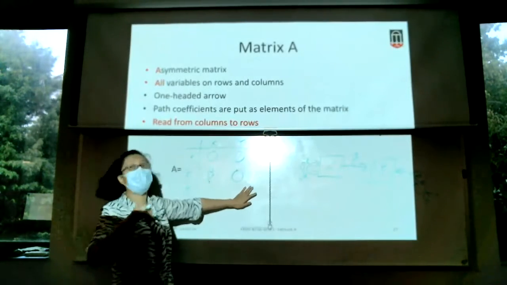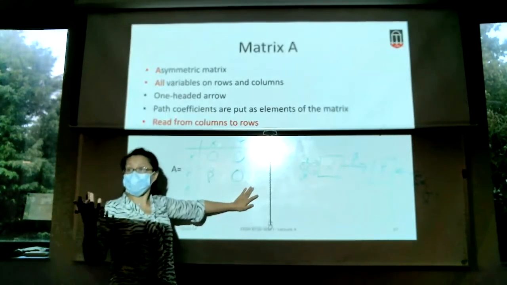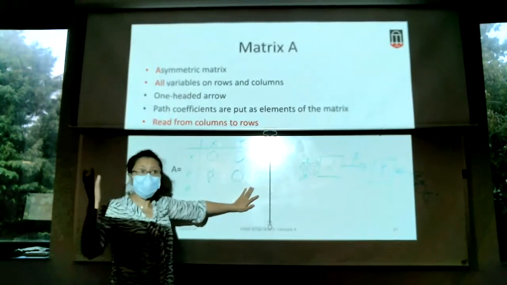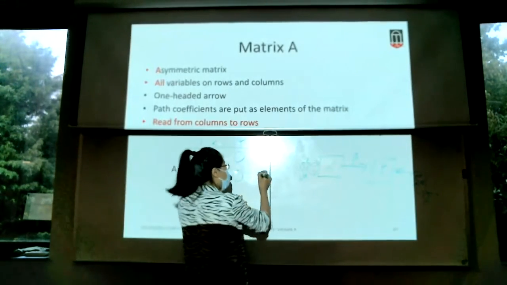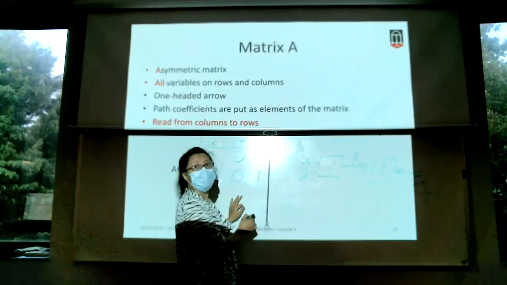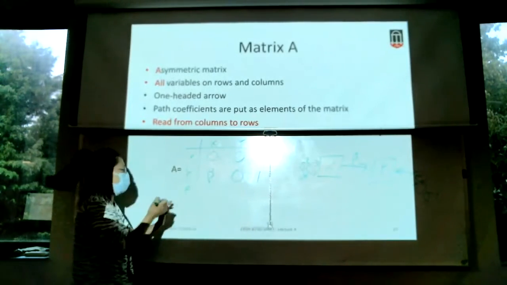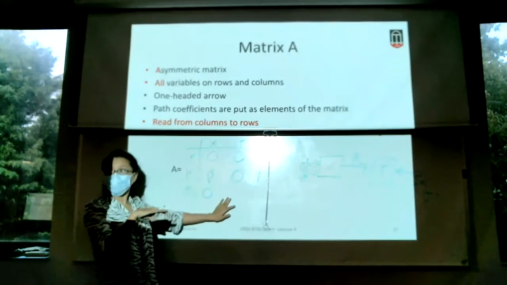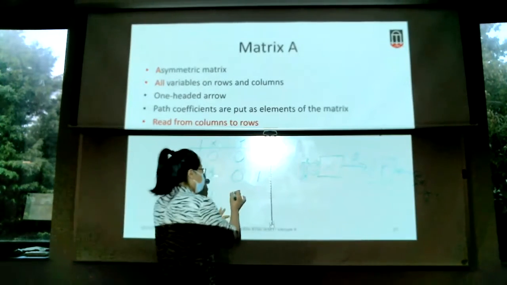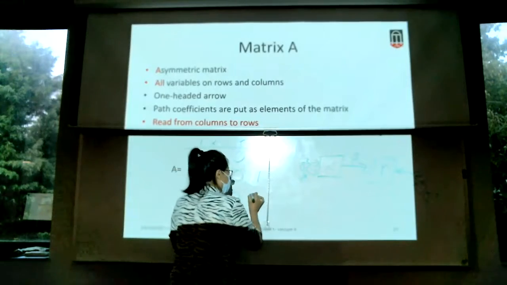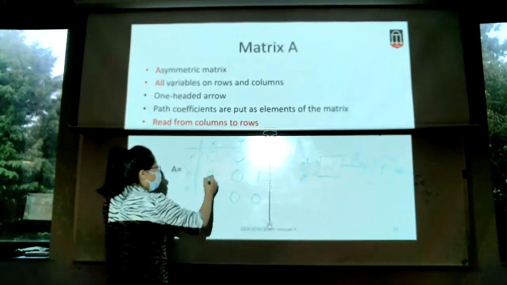From e to y, is there any single-headed arrow? Yes. What is the coefficient? Just put 1 here. That's it. From x to e, is there any single-headed arrow? No. From y to e, no. From e to e, no. That's it.